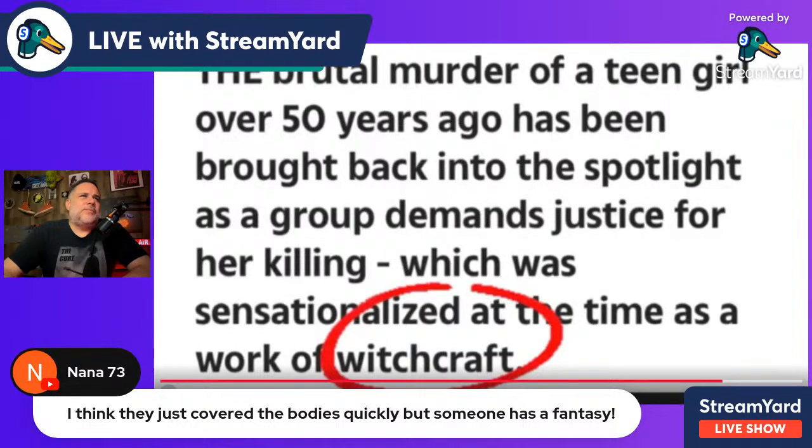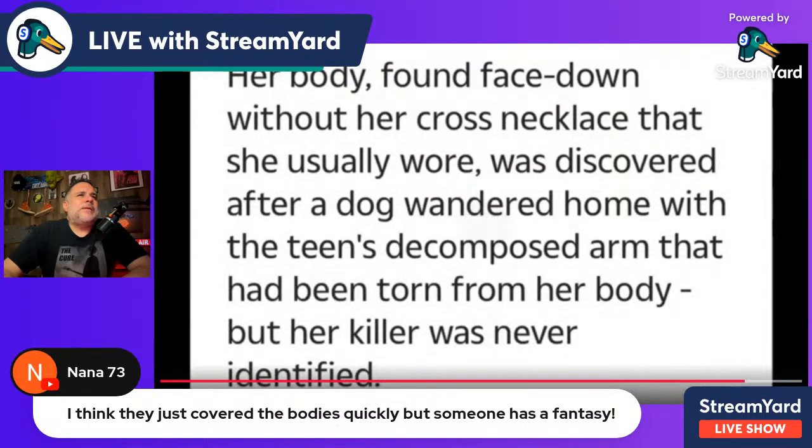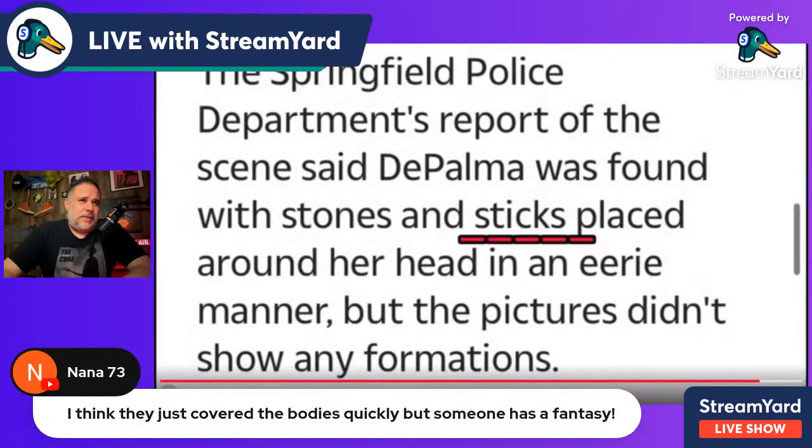Let me continue. She was 16 at the time of the murder. The crime happened in 1972, close to New York City. The killer was never identified, sadly.